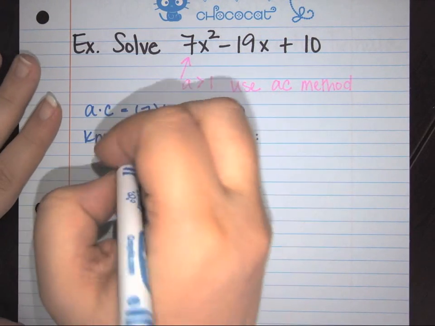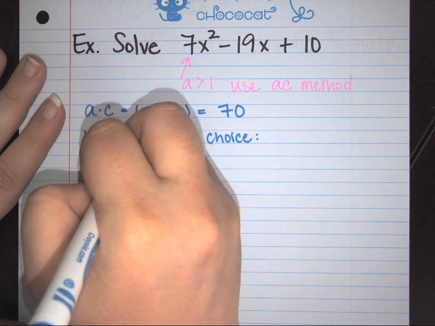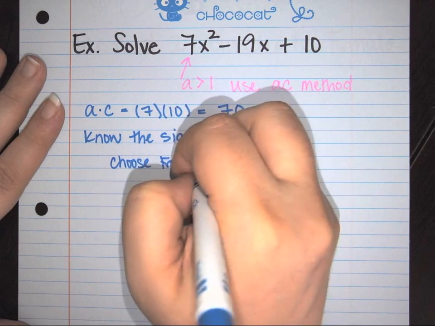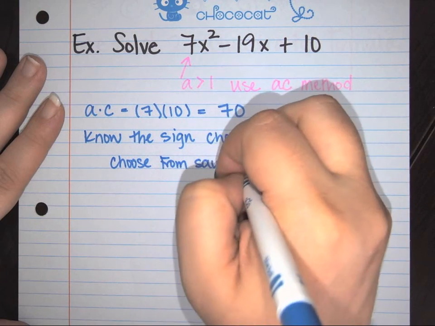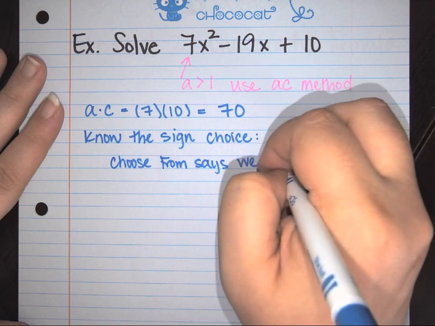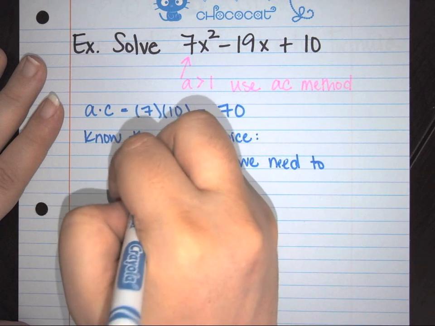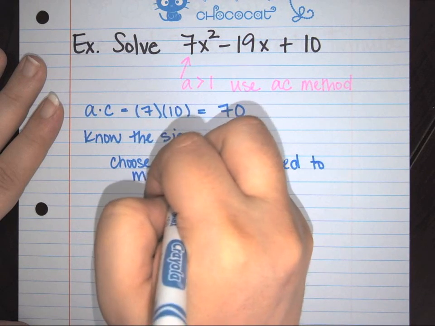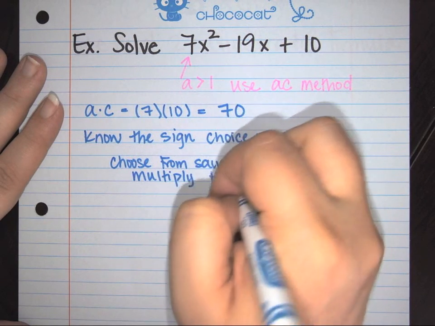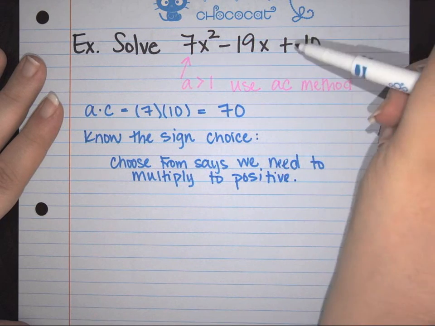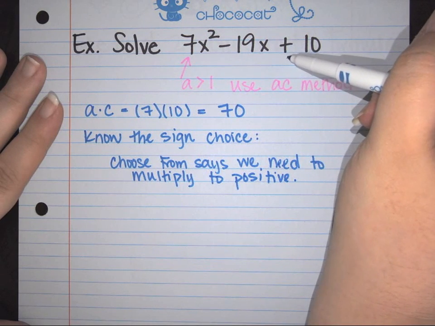So, to choose from, we need to multiply to a positive. That is what this back sign says.